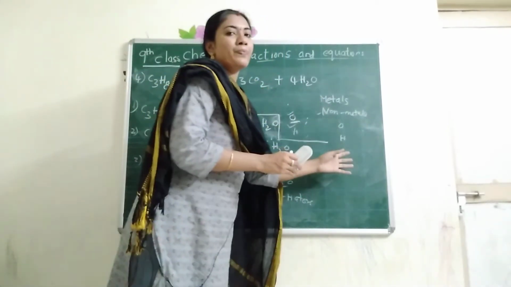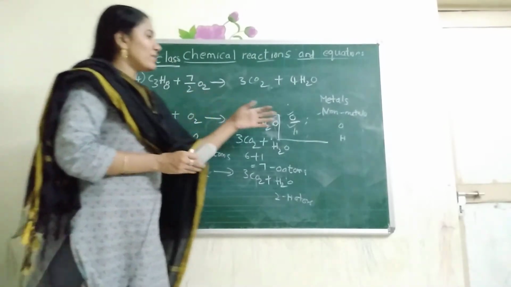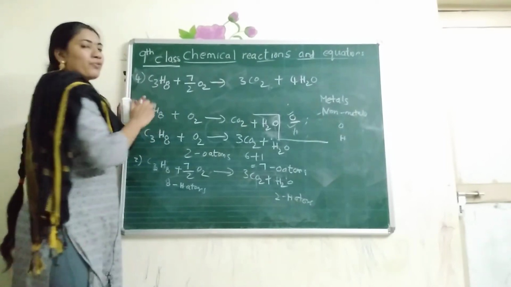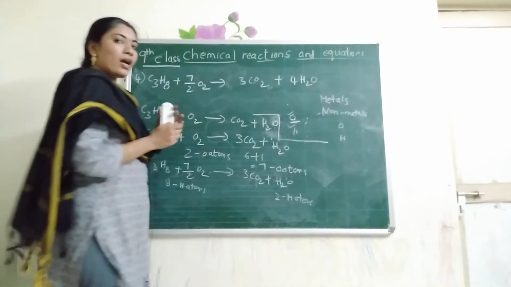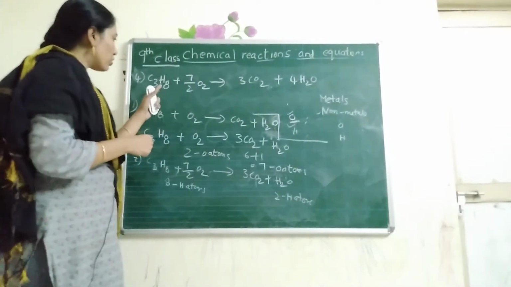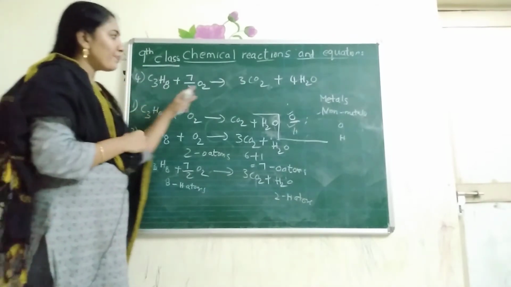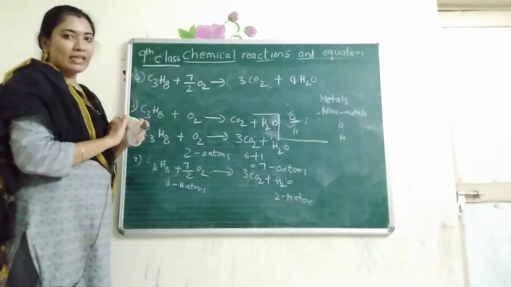According to this priority, we balance the equation like this, and once again check the balancing. First check the metals; metals are not there in the equation. Then check the non-metals. Which non-metal is here? Carbon. How many carbons? 3 carbons, and on the product side also 3 carbons. Carbons are balanced here.